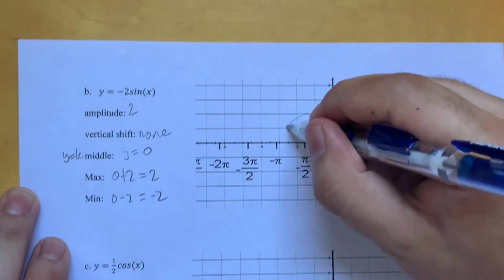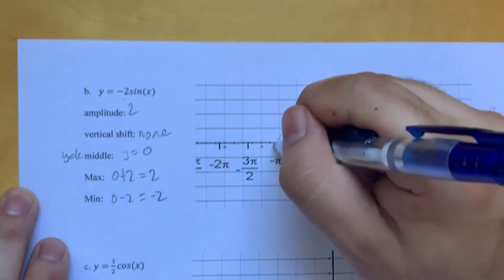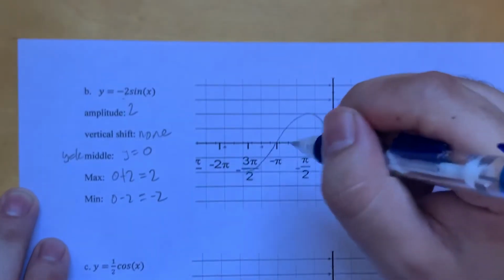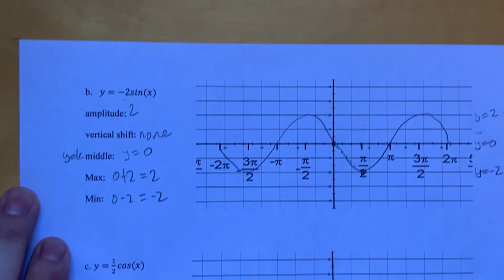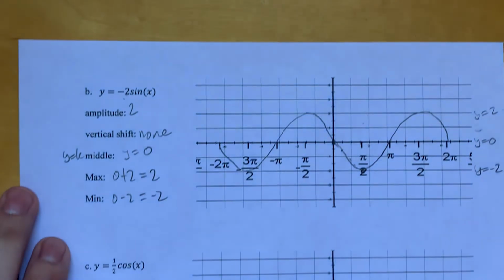Up, hit down at 0. Come back down at -2. Come back up at 0. So you see how it did 2 things to the sine graph. Let me draw the regular sine graph, or I'm not going to do that.